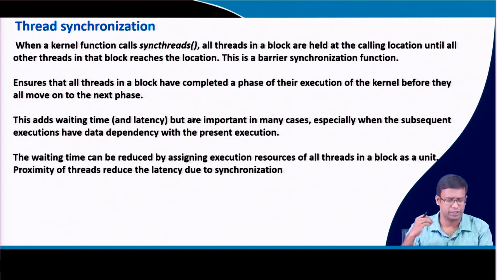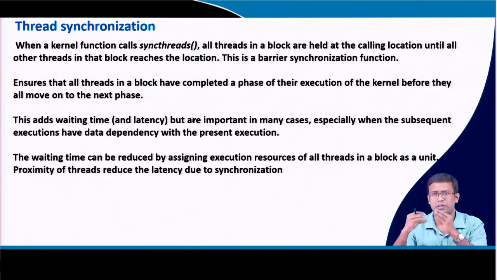However, this waiting time can be reduced if we allocate threads in a block as a unit in a very contiguous manner, so that these threads look into a contiguous set of memory, because threads are picking up memory locations as a chunk. If the memory allocation and the thread allocation on the work have very close proximity, then all of the threads finish their job almost at the same time.